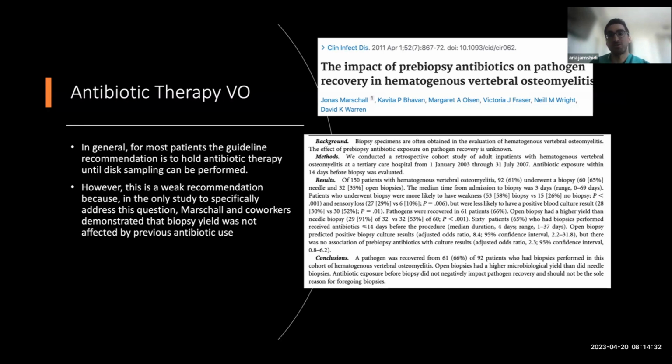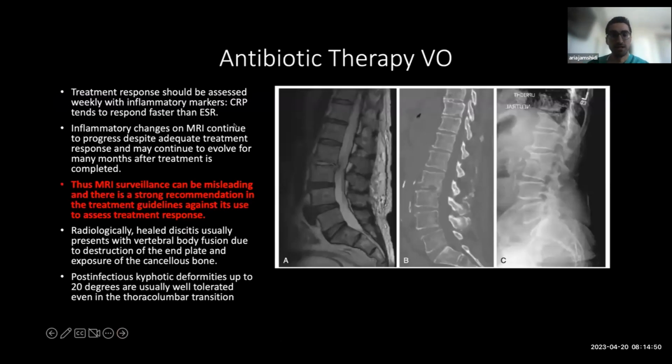Again, this is just one paper, but I think these guidelines that we follow aren't all necessarily backed up by a ton of evidence. So even if you do give antibiotics before, I still think it's obviously worth doing a biopsy of the disc space or the bone if you don't have a pathogen.